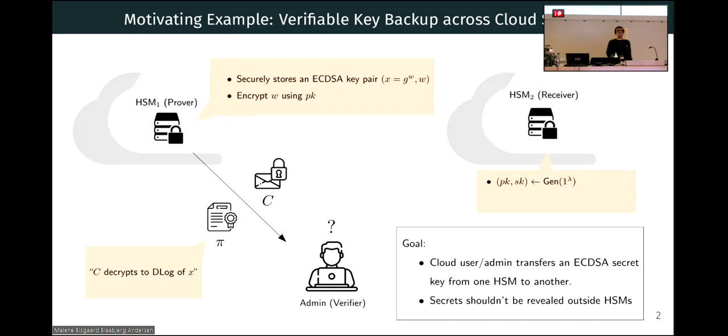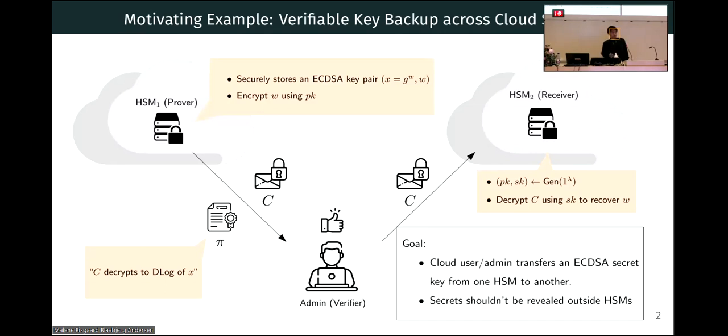So one solution would be to ask the HSM to create some zero-knowledge proof, guaranteeing that the ciphertext C correctly decrypts to the discrete log with respect to some public key. And then once you verify, it is guaranteed that when you transfer this ciphertext to the secondary device, the device can successfully recover the correct secret key.